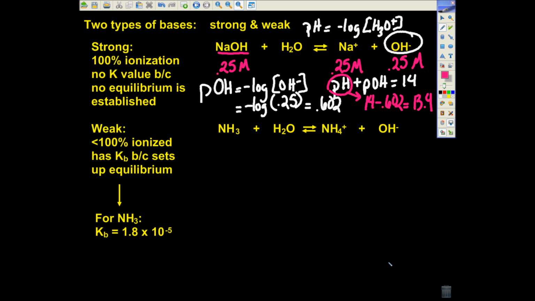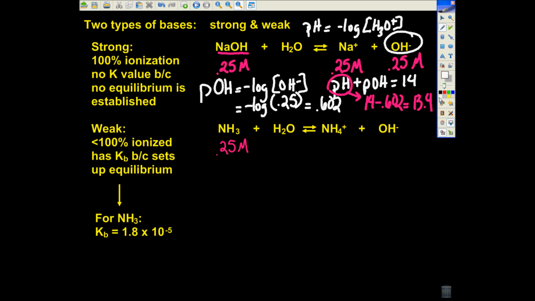So in this example, I'm going to use the same amount just to show you the difference between a strong and a weak base, what it does to the pH, just like I did in the prior video with acids. So I'm going to keep this at 0.25 molar. And it does set up an equilibrium, so we're going to use our ICE chart.